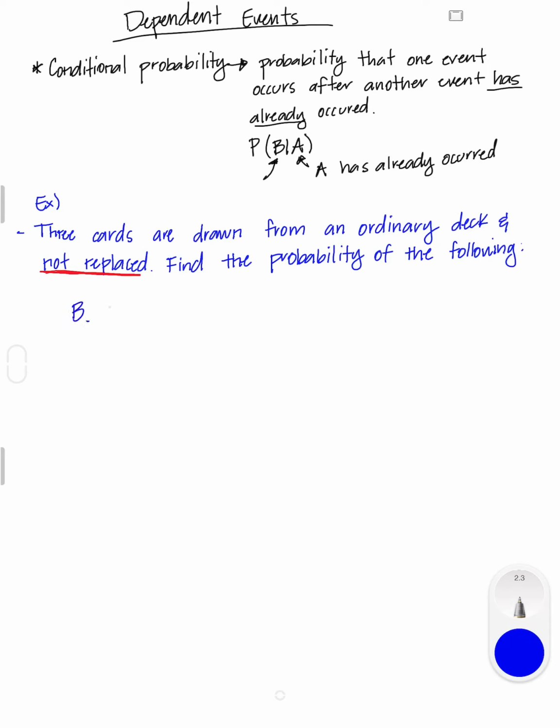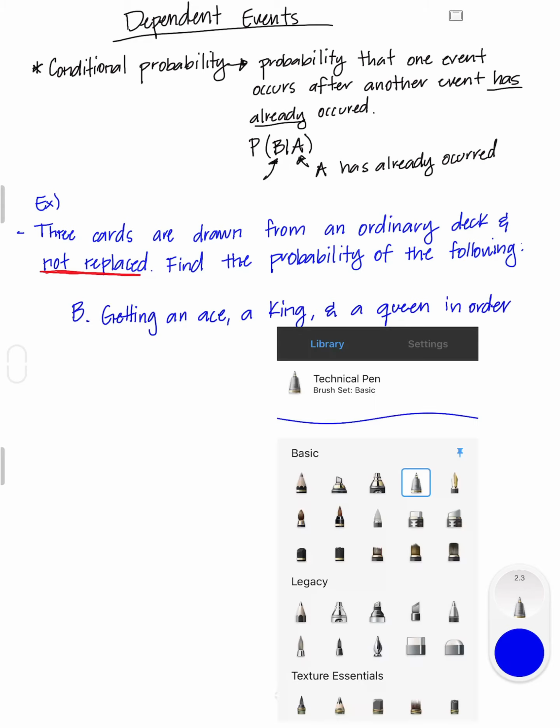Okay, so for part B, we want to find the probability of getting an ace, a king, and a queen. So we want to get them in that order, okay?